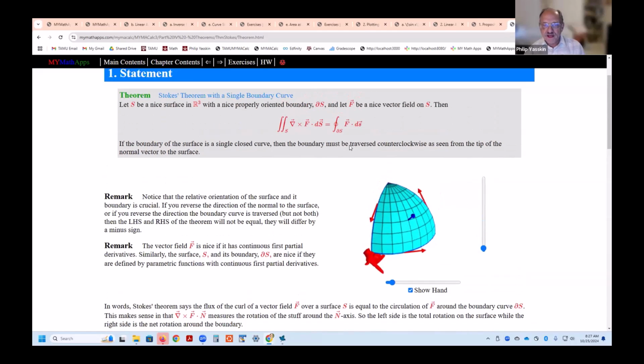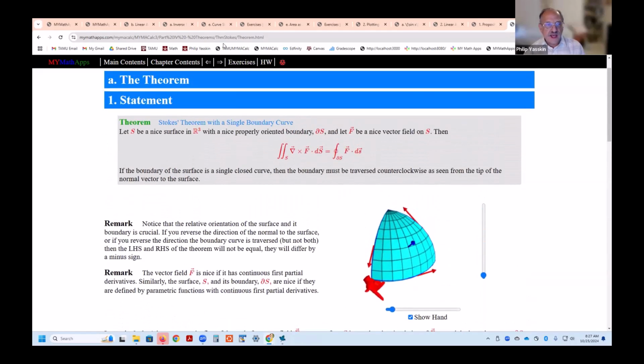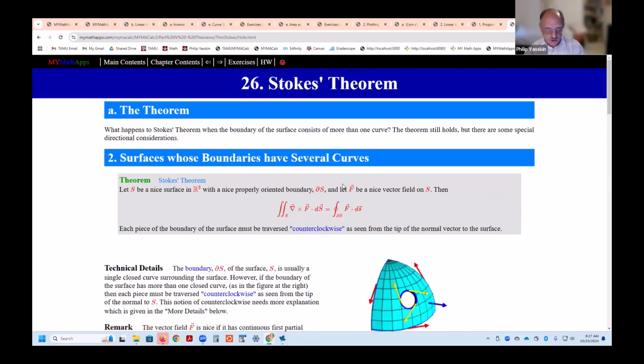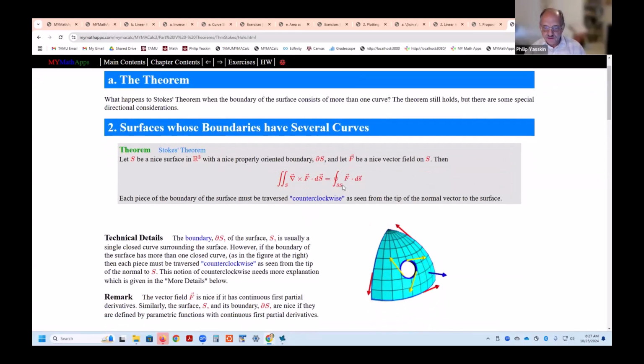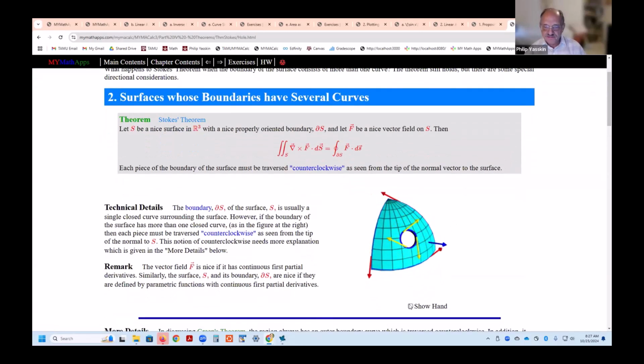And on the next page, you have the hole, how you go around the hole, and the hand when you're on the inside and outside. Okay. I'm ready for questions.